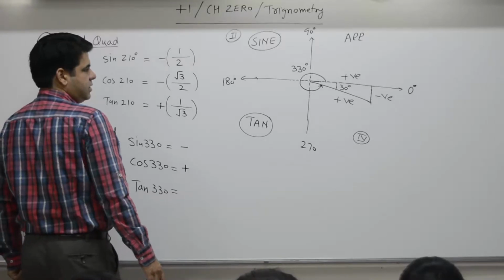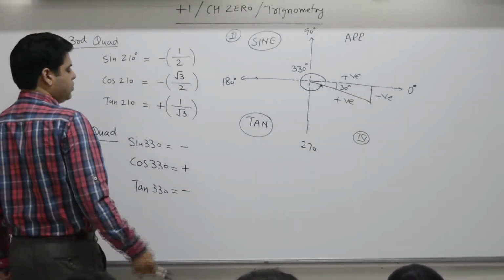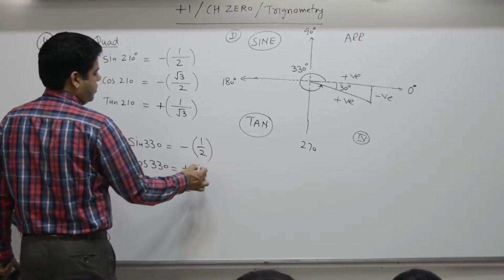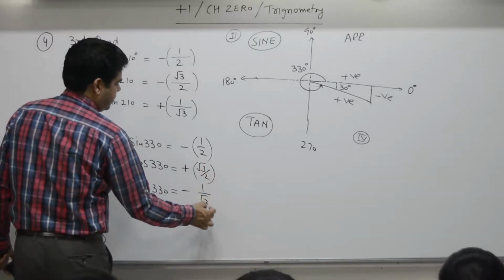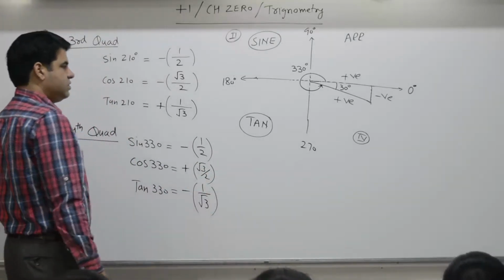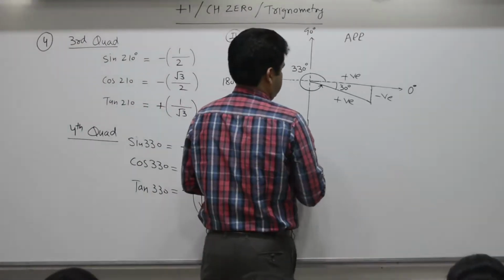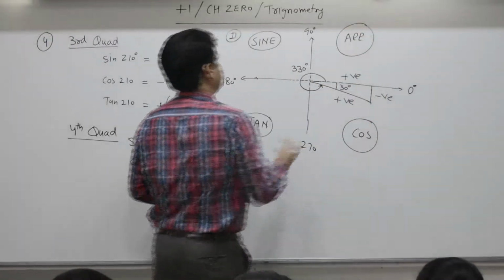Tangent, perpendicular by base, negative. Values again: sine 30 is 1 by 2, cos 30 is root 3 by 2 and tan 30 is 1 by root 3. Which one is positive? Cos. So in the fourth quadrant, cos is positive.